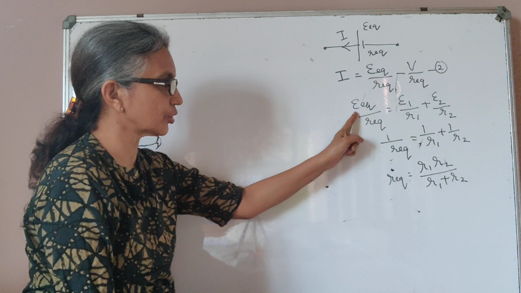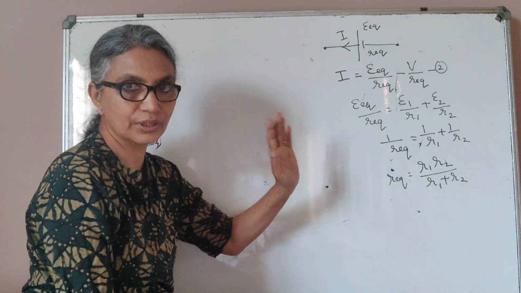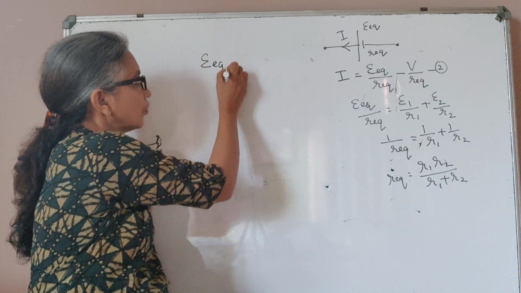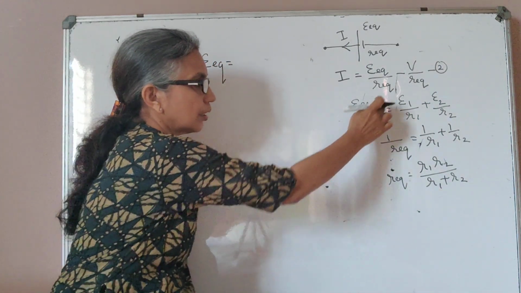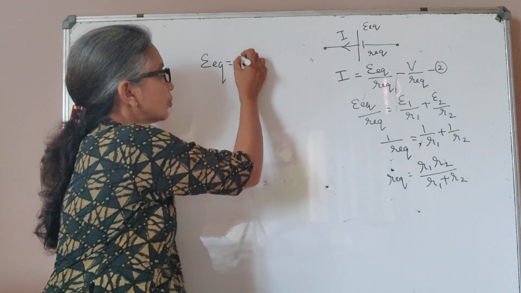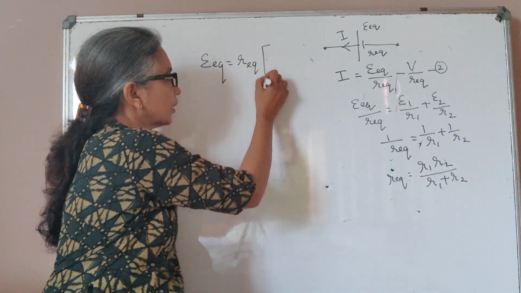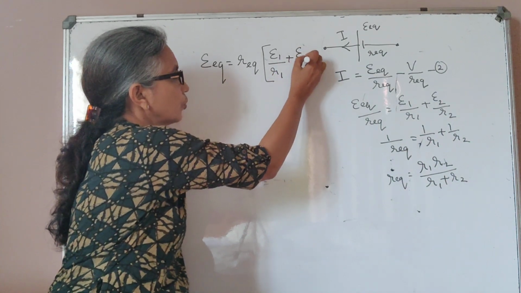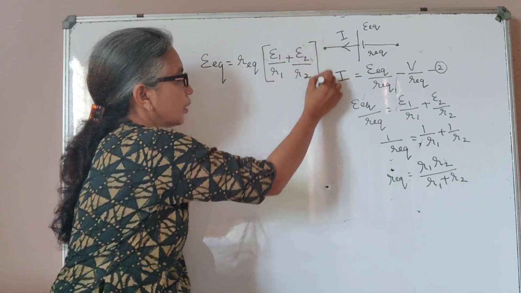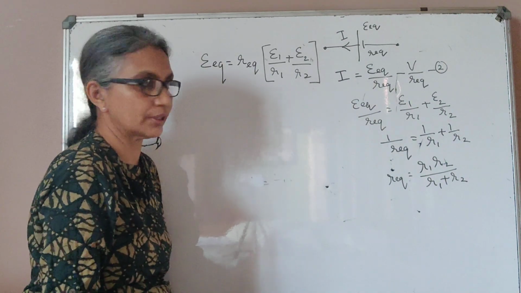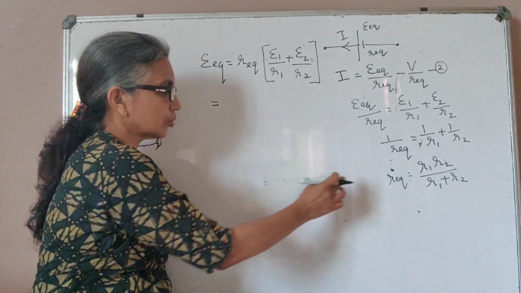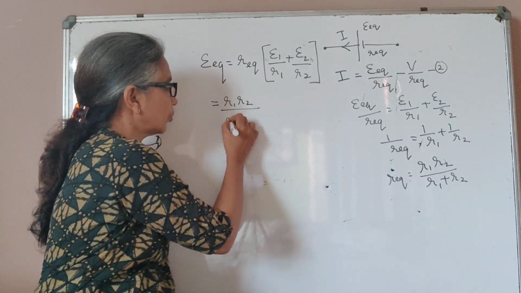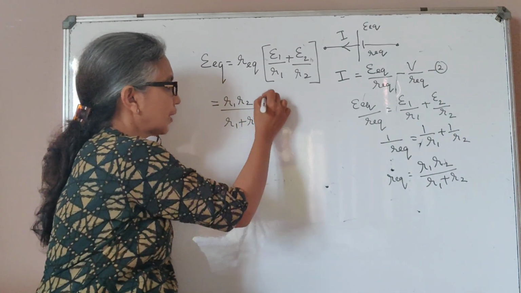Now I go back to this equation. In this equation I want an expression for E equivalent. So from this equation, I may write E equivalent is equal to, I am taking the R equivalent to the right hand side, R equivalent bracket E1 by R1 plus E2 by R2. So now I've got an expression for E equivalent. This is going to be equal to R equivalent, I know is R1 R2 by R1 plus R2, bracket.